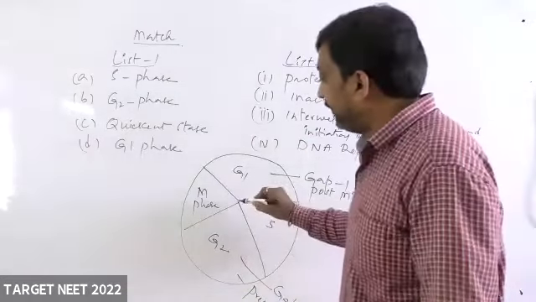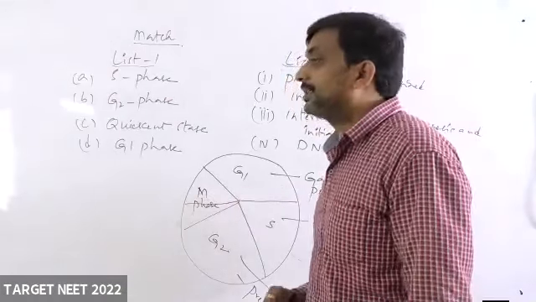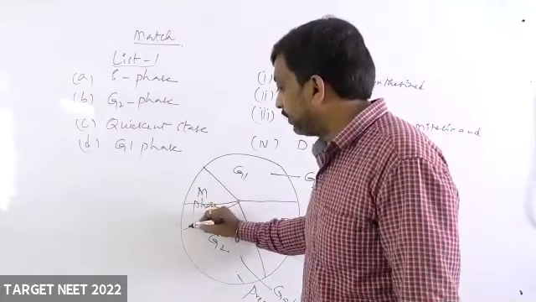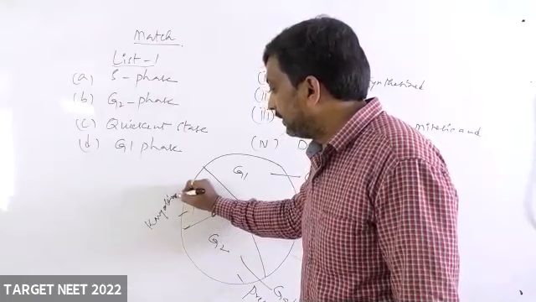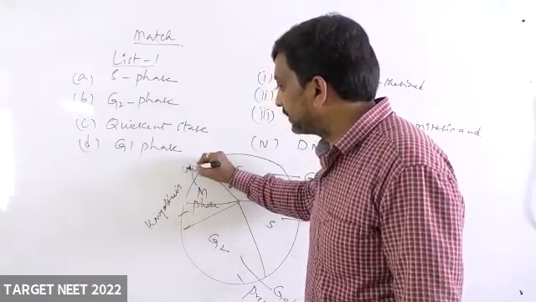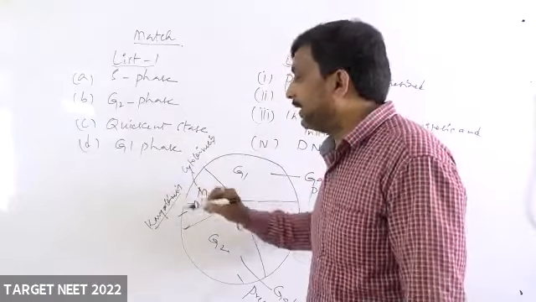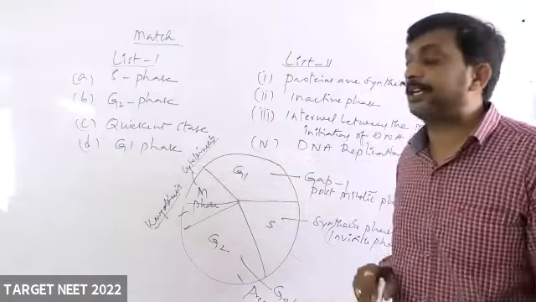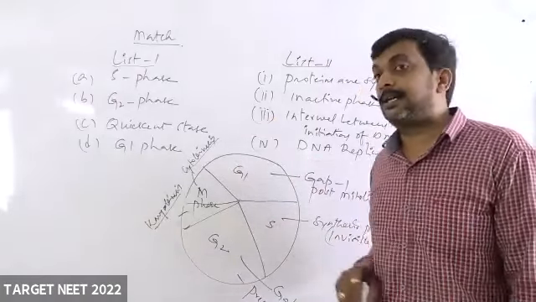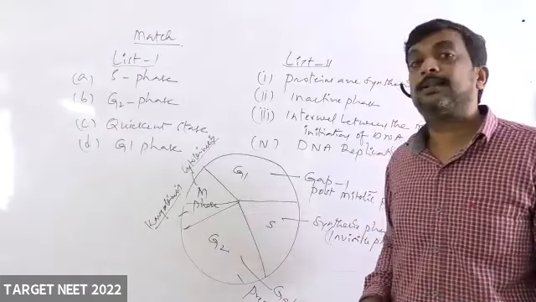The M phase includes nuclear division followed by cytoplasmic division, that is karyokinesis followed by cytokinesis. Karyokinesis means the nuclear division, and cytokinesis means the division of the cytoplasm. Together these are called the M phase.